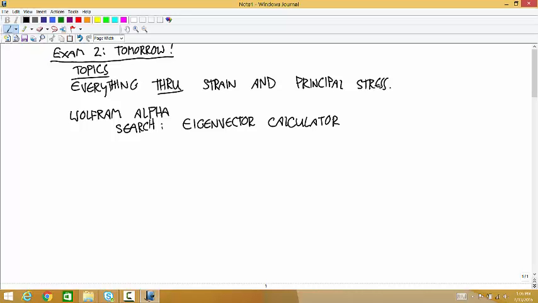It takes you to a page where you enter in the elements of the matrix you want, click go or whatever, and it gives you the eigenvalues and the corresponding eigenvectors, and that's fine. You can use that on the test and everything. Okay? So no need to compute eigenvalues or eigenvectors by hand. Okay?